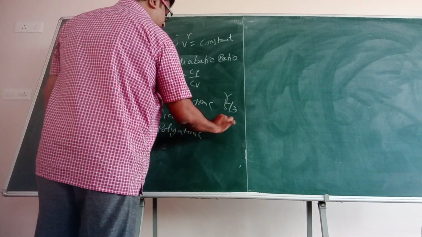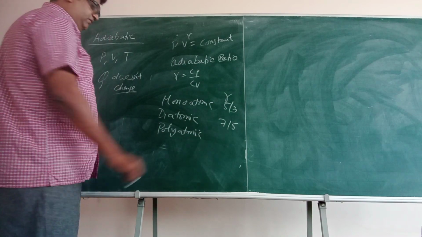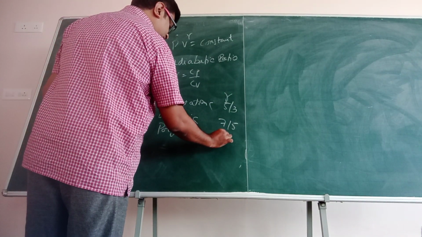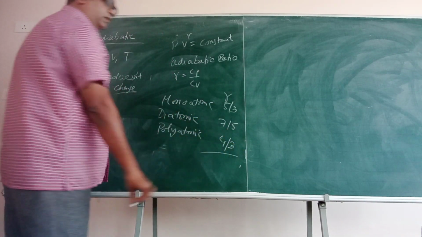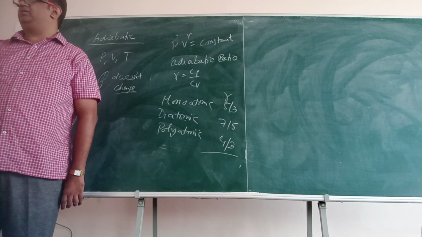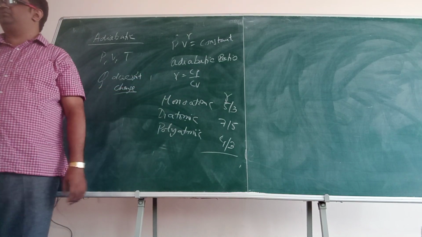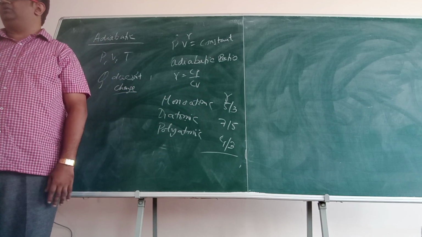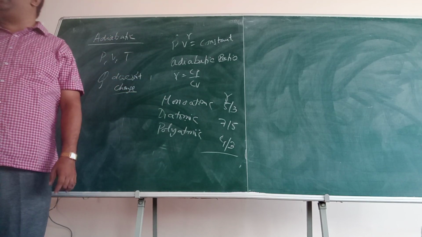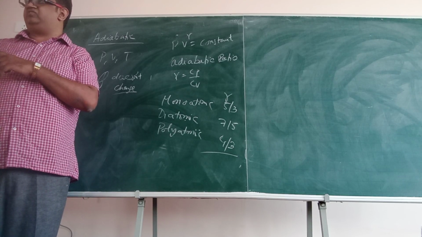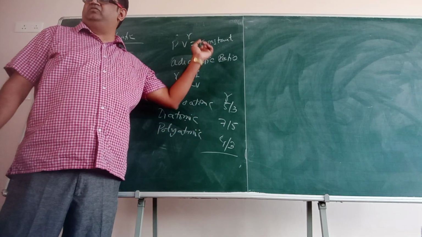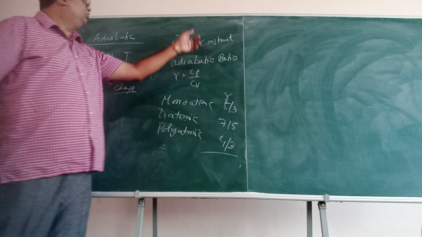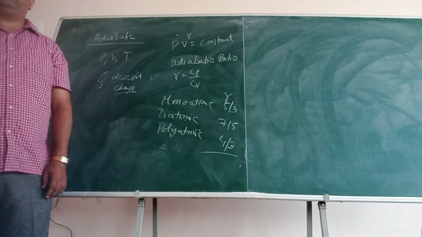For diatomic, it is 7/5, and for polyatomic, it is 4/3, that is 8/6 or 4/3. These three values you should remember. Depending upon the gas, you should put that value there. Suppose you are writing for a diatomic gas, you should put the gamma value as 7/5 here.